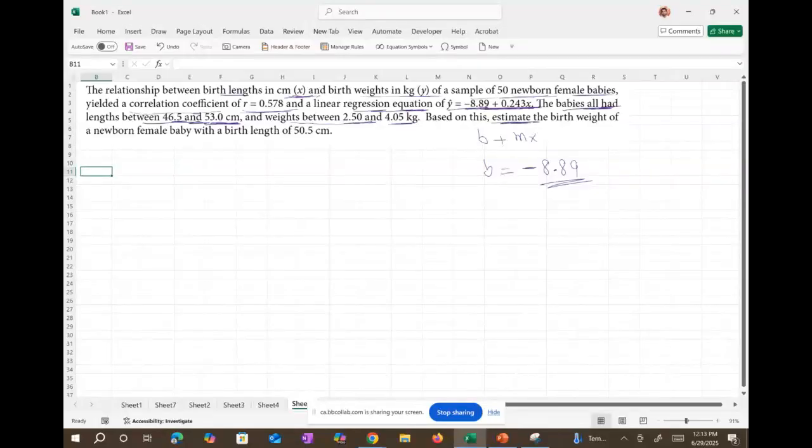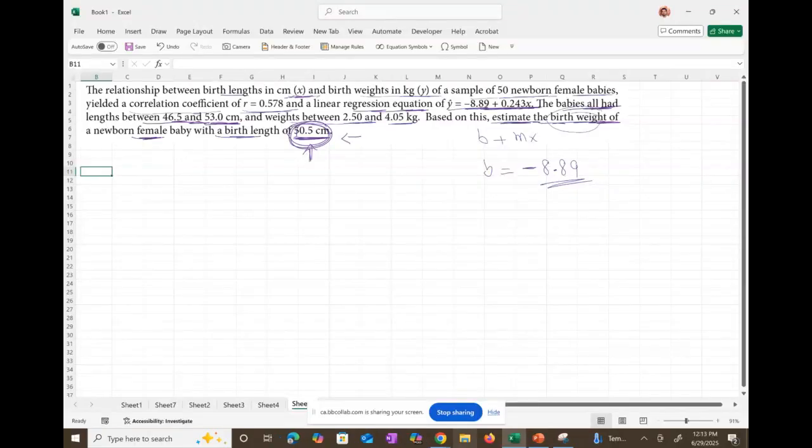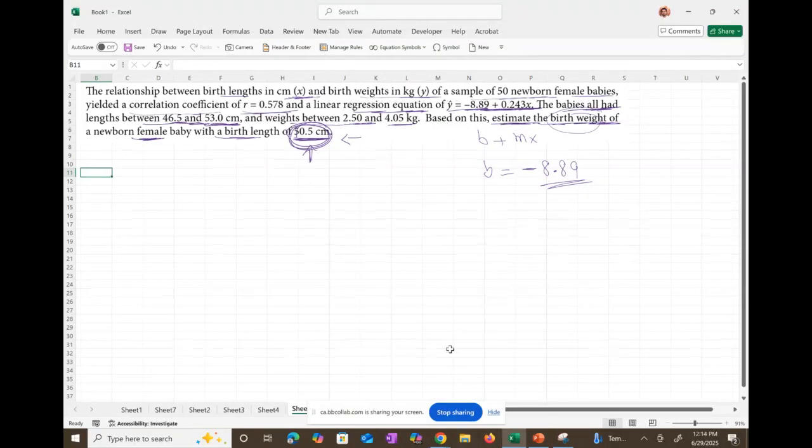Based on this, estimate the birth weight of a newborn female baby with a birth length of 50.5 centimeters. So someone who's born with this length, what will be the birth weight of that baby? In this question, I need to find out what is the x value and what is the y value.